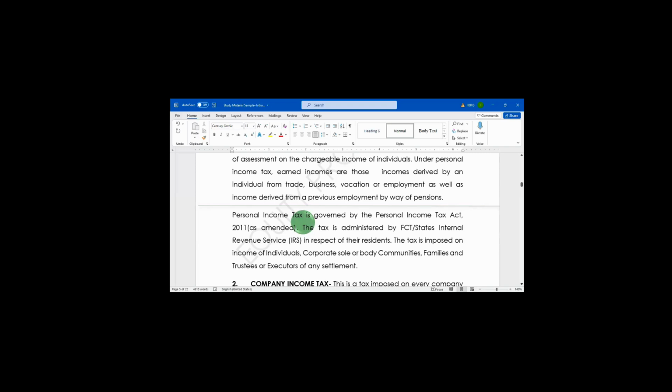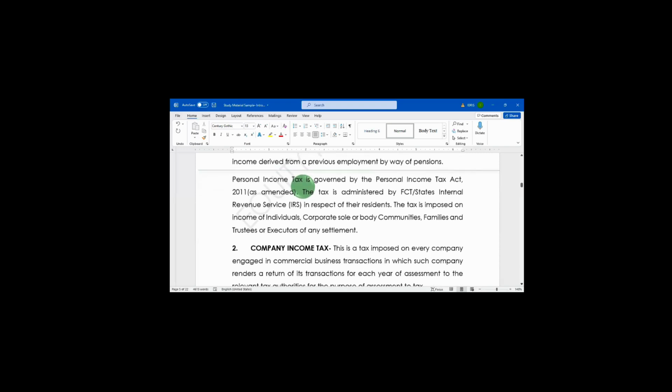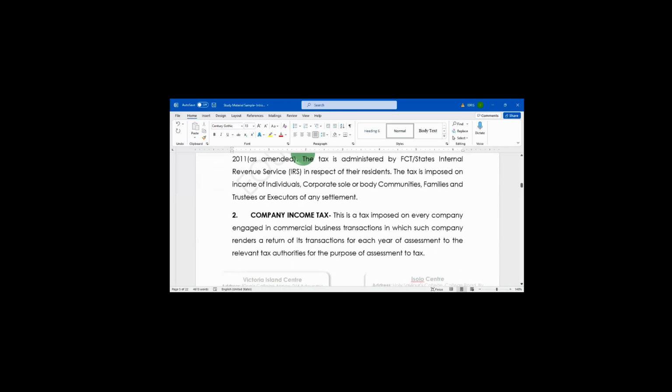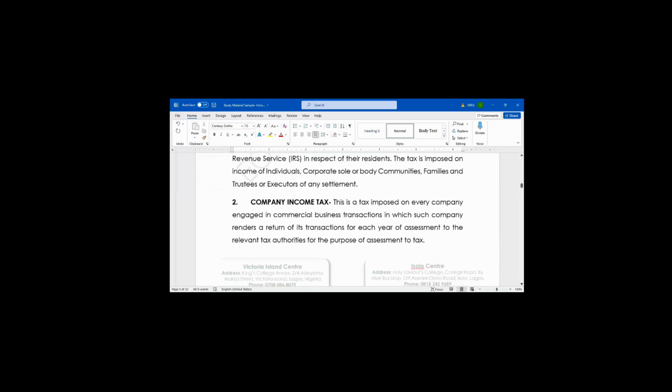Now, let's go to another type of tax under direct tax: company income tax. Company income tax is a tax imposed on profit derived by companies engaged in commercial business transactions.